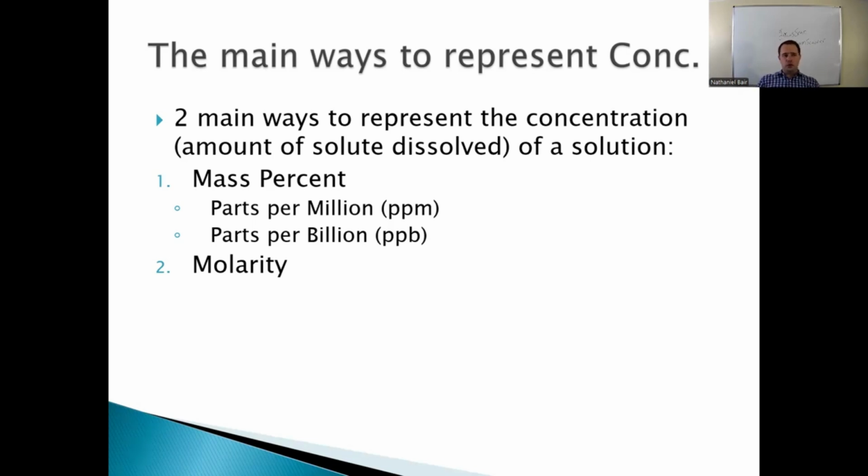If you are trying to tell the general public that doesn't know anything about chemistry how concentrated a solution is, you're probably going to use mass percent. For example, if the newspaper is writing an article about how much lead is in the drinking water at a local elementary school, they're going to use mass percent. They're going to use either parts per million or hopefully parts per billion, because hopefully it's not that concentrated, which is a form of mass percent.